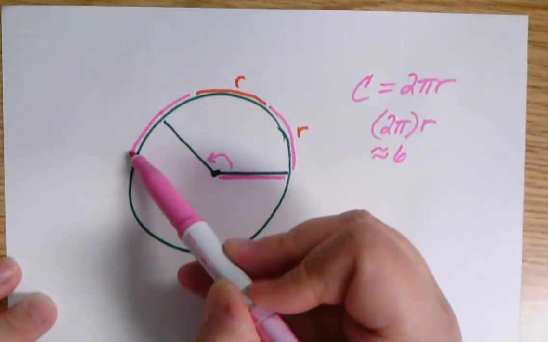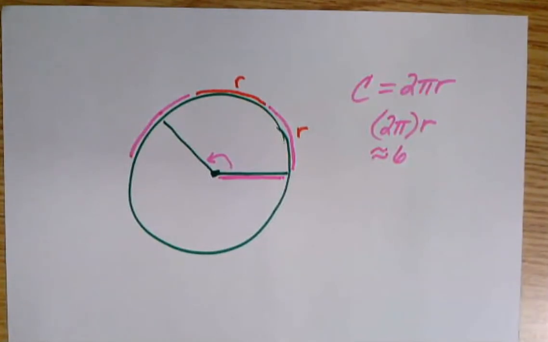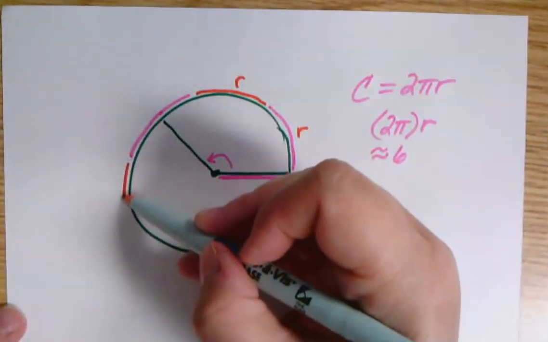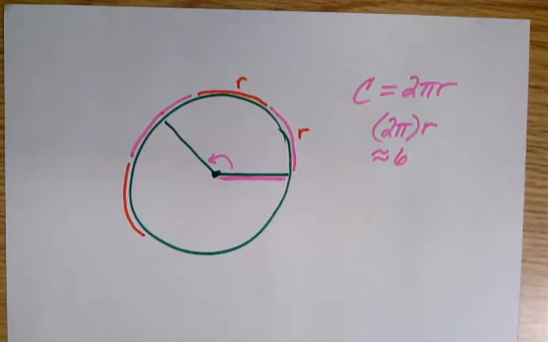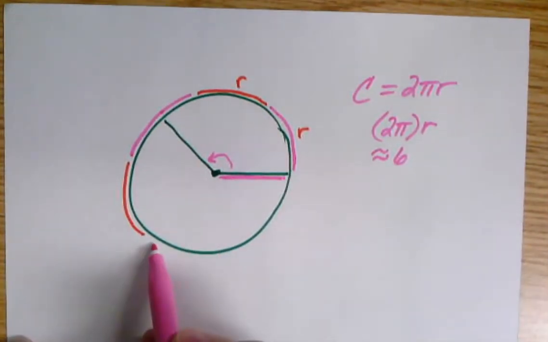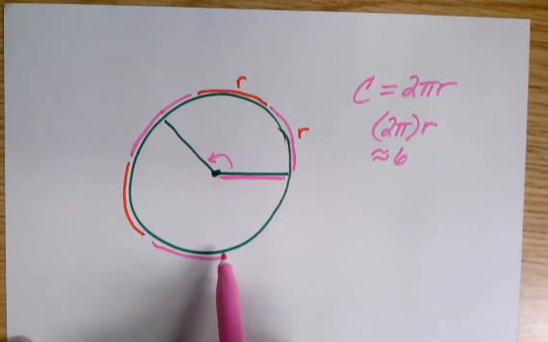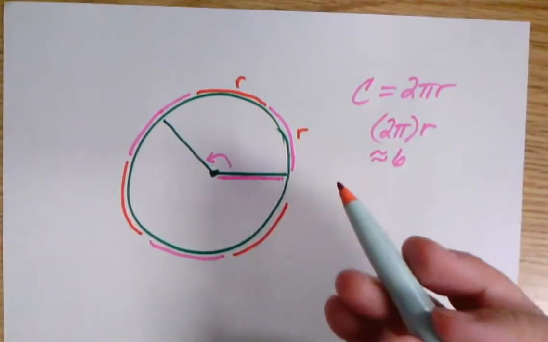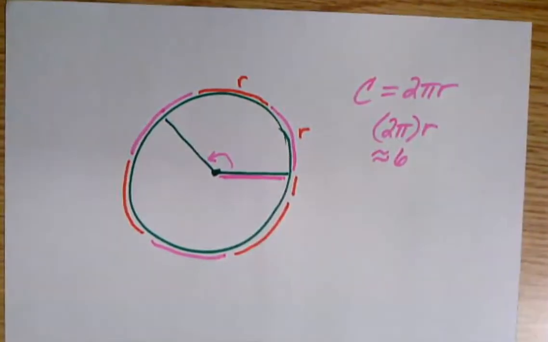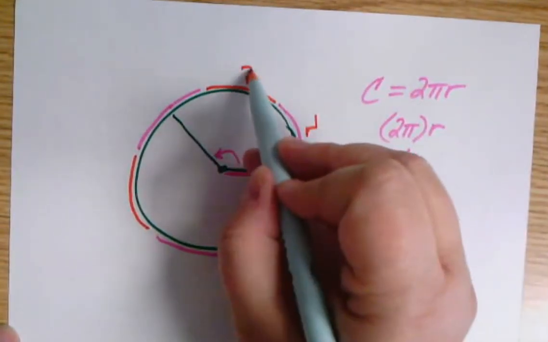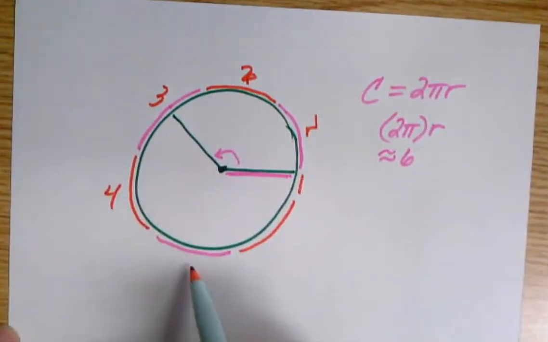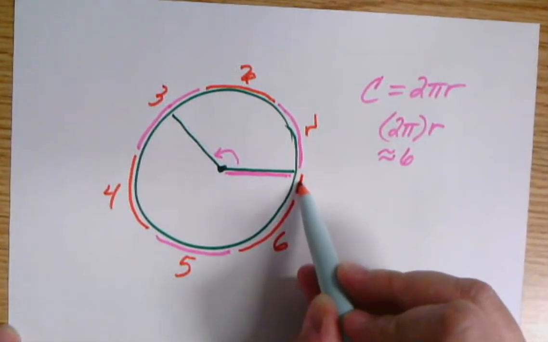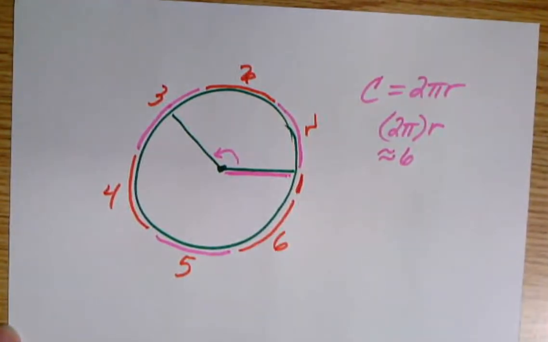This is if I picked up the radius and laid it down. I'm running out of space. Here we go. It would take me around 1, 2, 3, 4, 5, 6.28 times to get all the way around the circle.